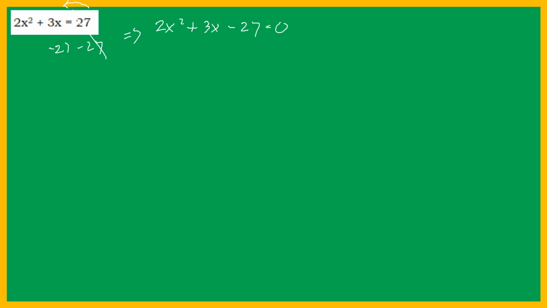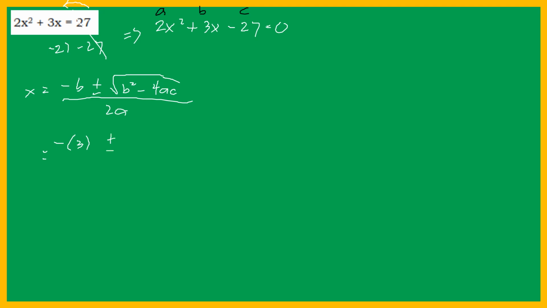Then this is our A, this is our B, and this is our C. Now we can proceed with substitution. x is equal to negative b plus or minus the square root of b squared minus 4ac all over 2a. And then by substitution, we have negative 3, which is the value of b, plus or minus, sorry, wala po itong square.